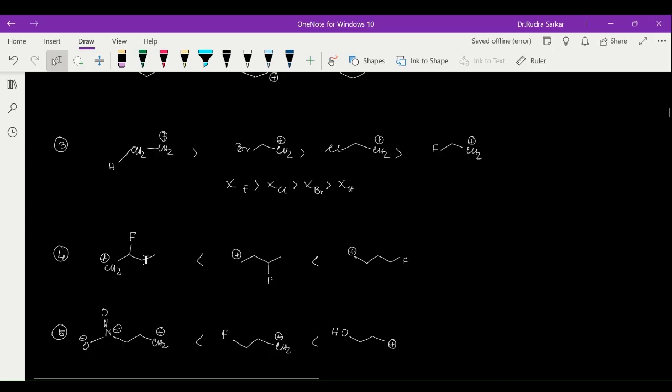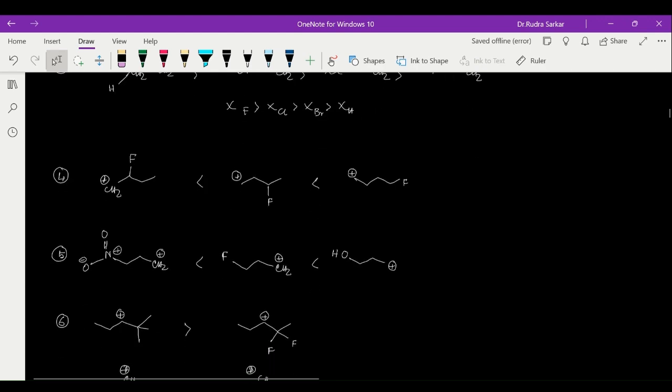As we could see over here, we have a butyl carbocation. Now we have in the alpha position a fluorine, then in the beta position a fluorine, and in the gamma position a fluorine. So this is the electron withdrawing group. The further away it moves from the positively charged carbon, the more stable the carbocation. So that way we have the order.